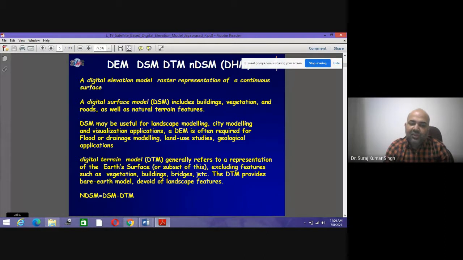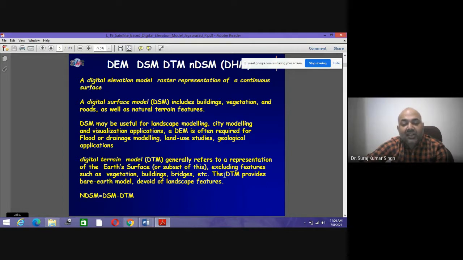So we are talking only about the terrain. The DTM provides the bare earth model devoid of landscape features. So in a real sense, DTM provides you information related to the earth surface, excluding the various landscape features.